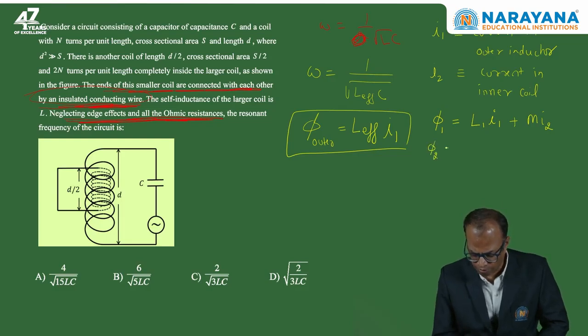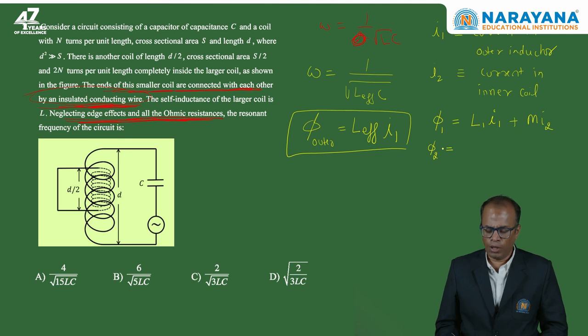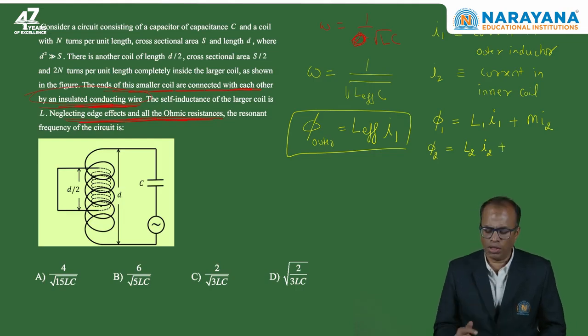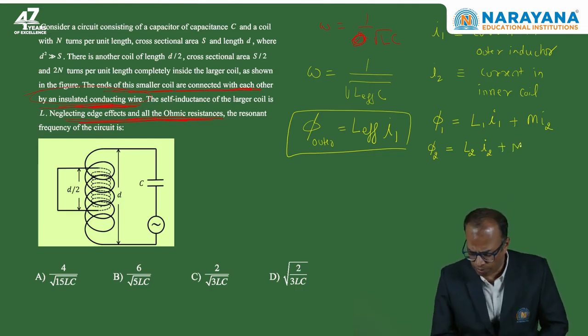Similarly, I may write phi 2, and phi 2 will be the self-inductance of the coil 2 times its own current, plus it will have a flux due to the current in the outer solenoid, and it must be M times I1.